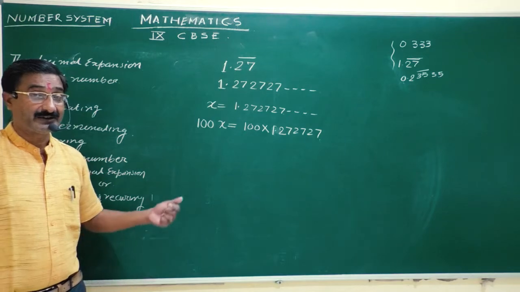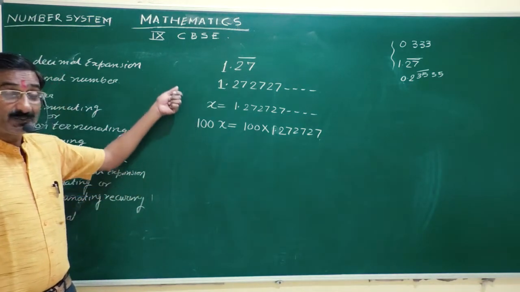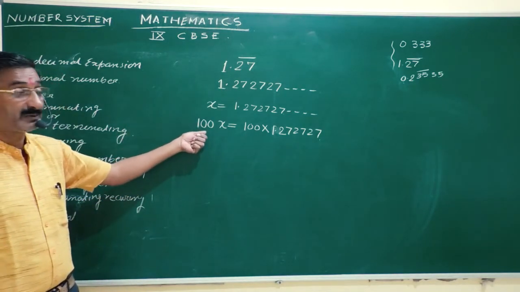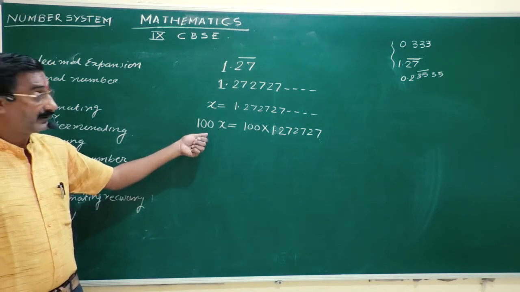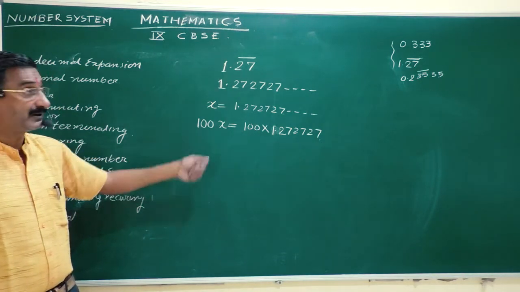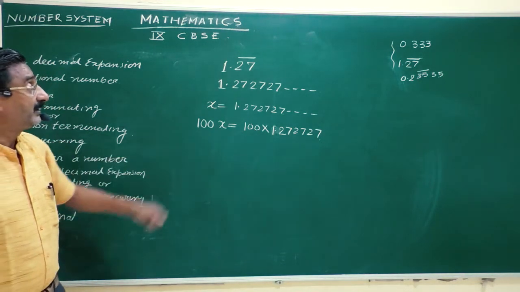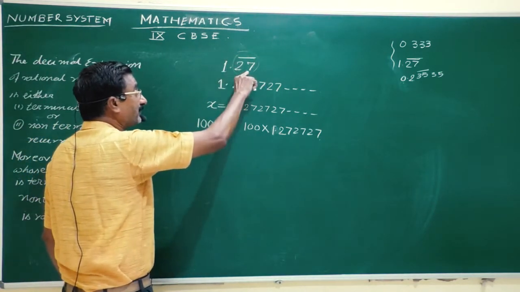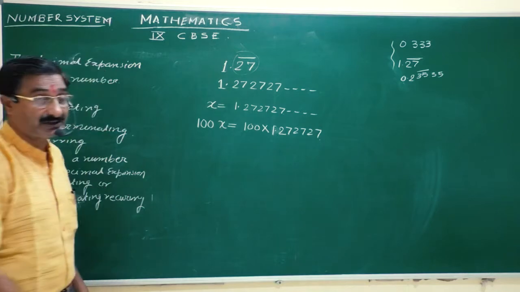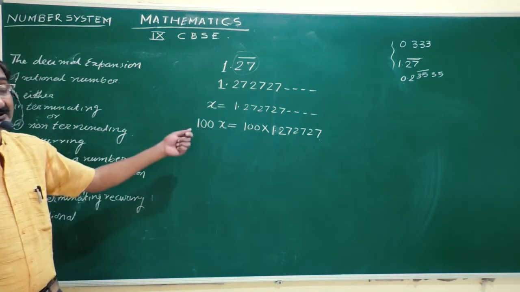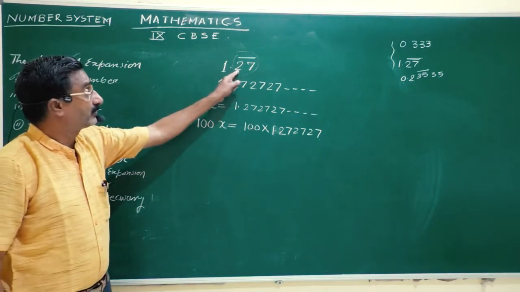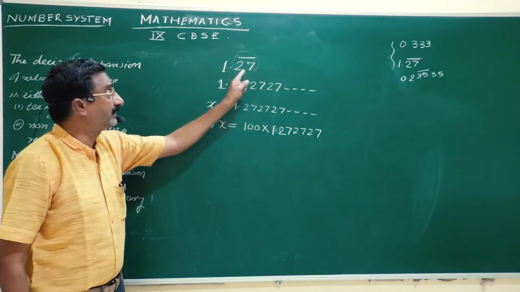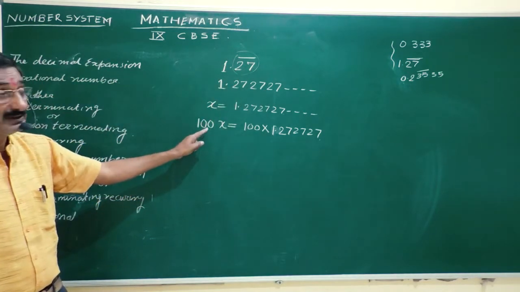Definitely a question arises. In the previous problem I had multiplied by 10. Here I have multiplied by 100. This is associated with these 2 digits. The number of digits which are repetitive in nature is 2, 272727. That's why it is multiplied by 100.